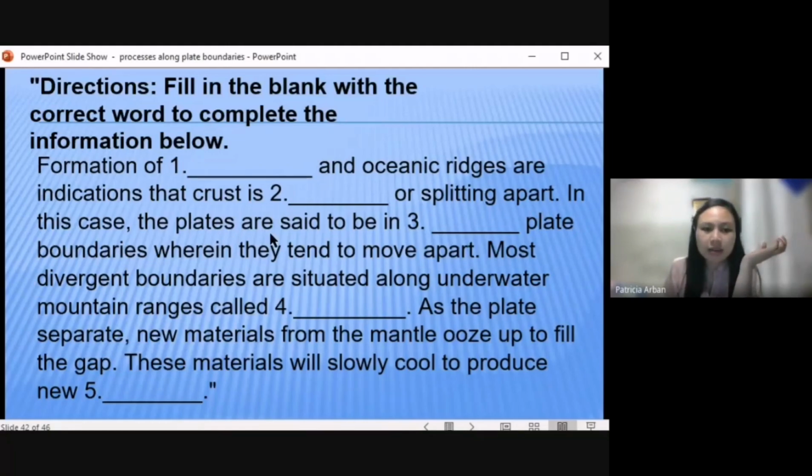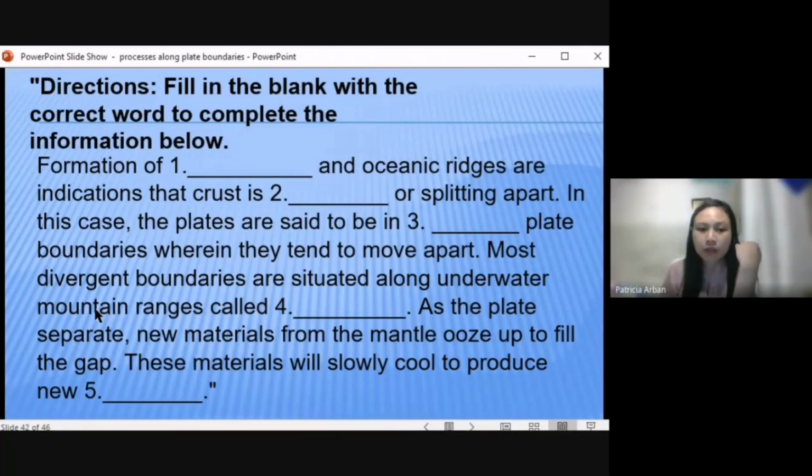In this case, the plates are said to be in divergent plate boundaries, wherein they tend to move apart. Most divergent boundaries are situated along underwater mountain ranges called oceanic ridges.